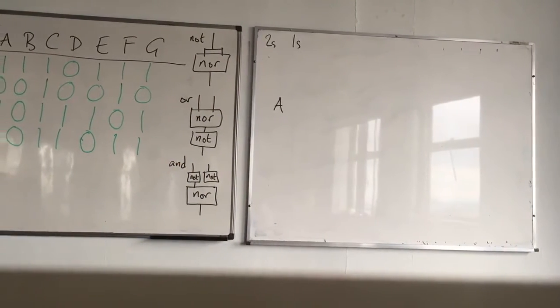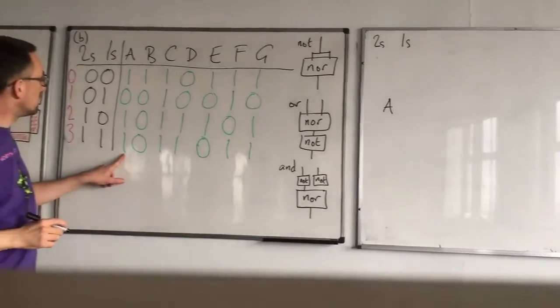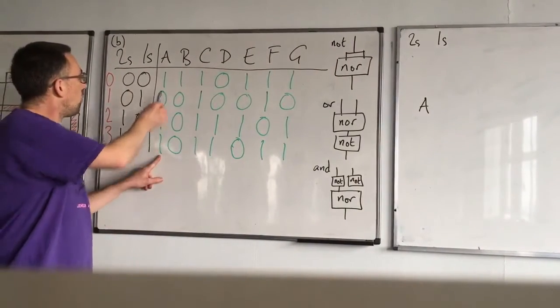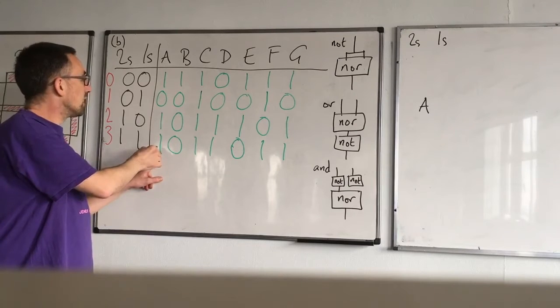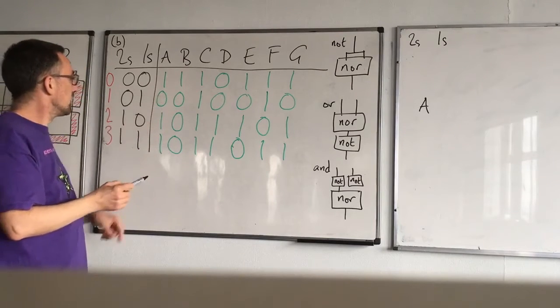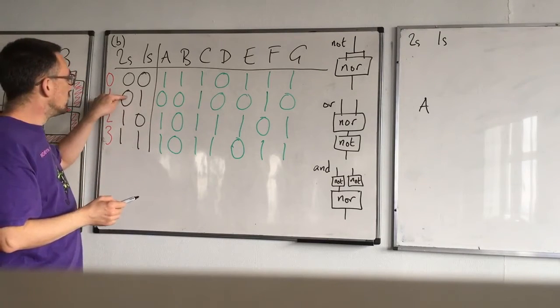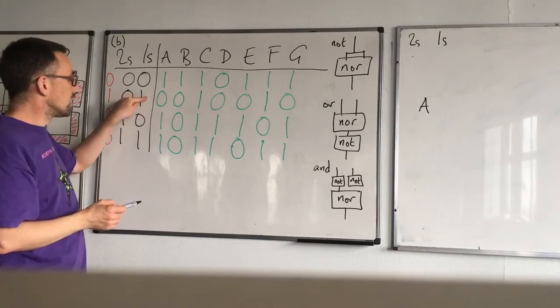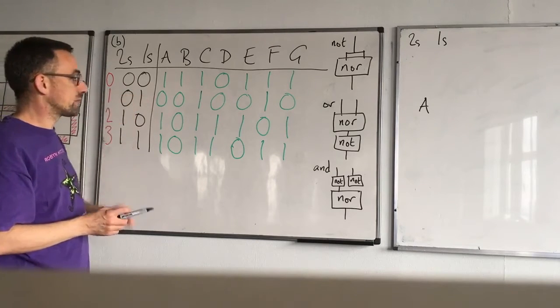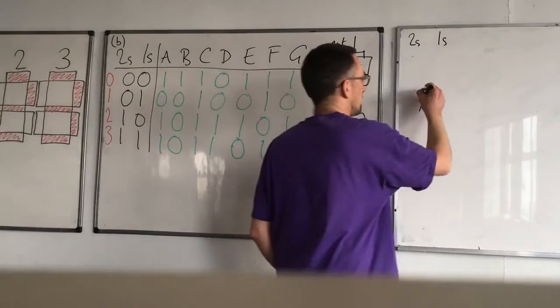Well, let's look at what we have. We are supposed to deliver a 1 at all times except when we have 2's being 0 and 1's being 1. So we can easily say that.